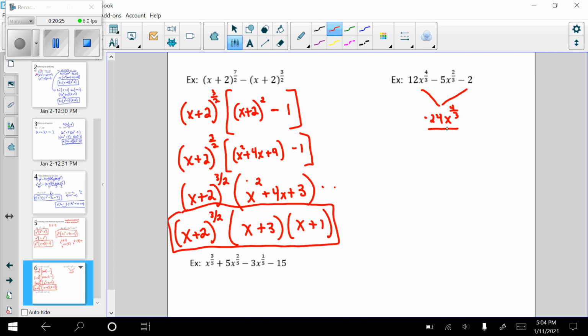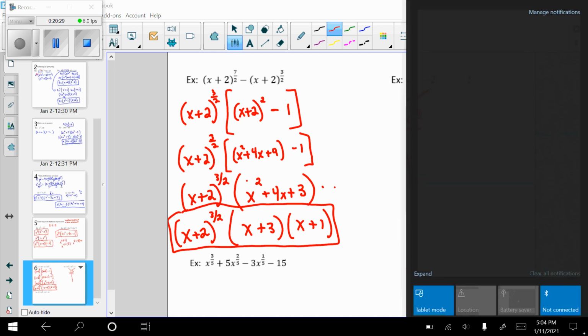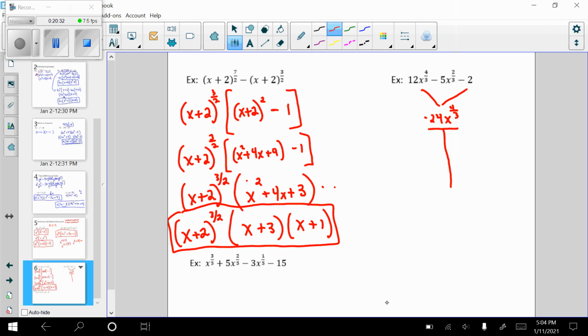So then I have to look at that number just like I always do, split the middle term. I need two numbers that I can multiply to negative 24 and add to 5, negative 5. So that would be a negative 8x and a 3x.